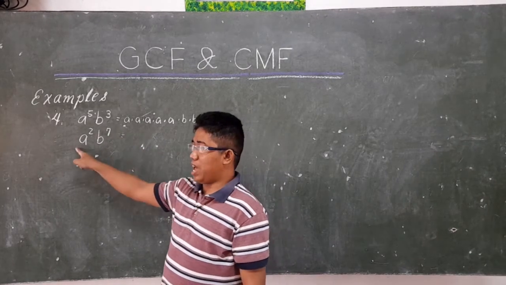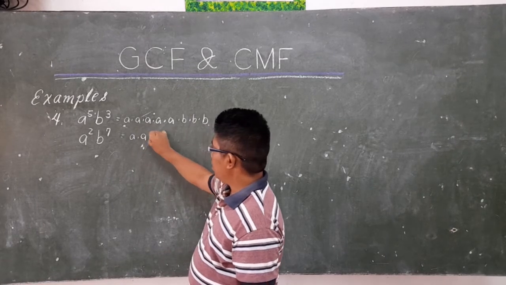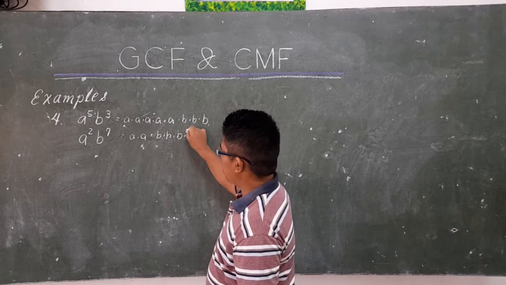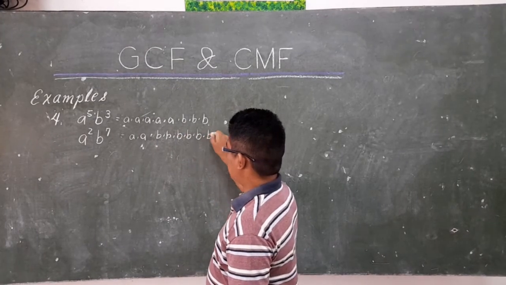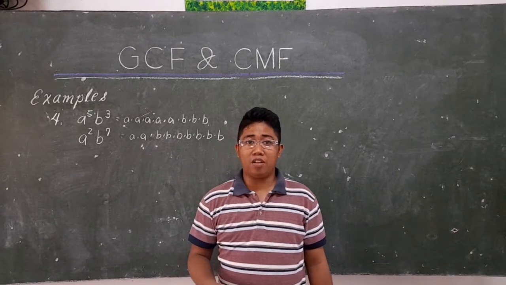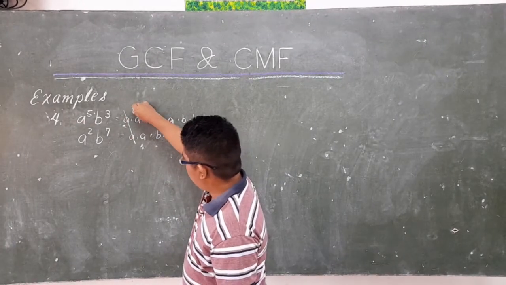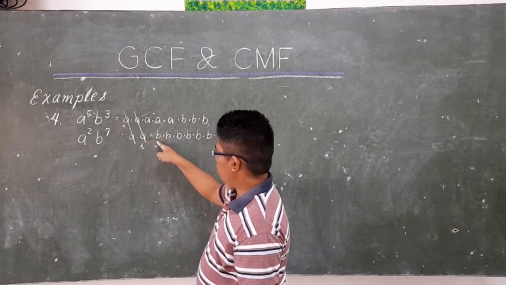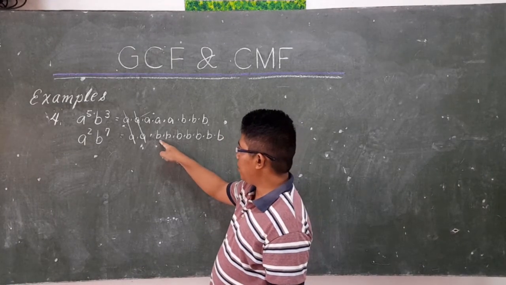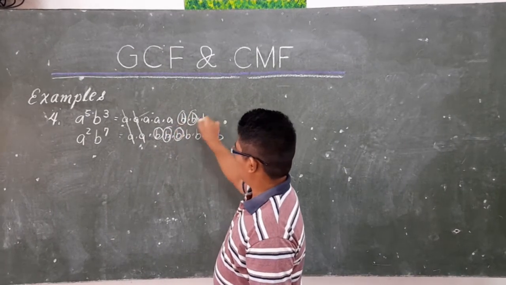How about the second monomial? It is a times a, and we have 7 b's: b times b times b times b times b times b times b. Now we are going to cross out the commons. We have a, another a, so no commons there. How about b? There is also a common b: 1, 2, 3.